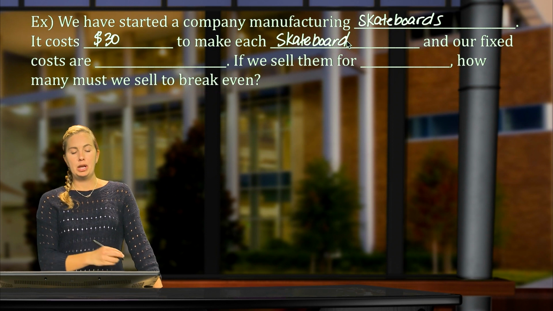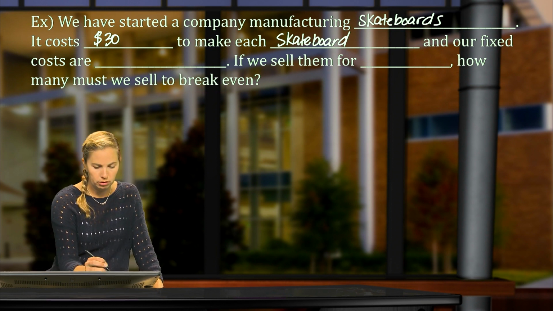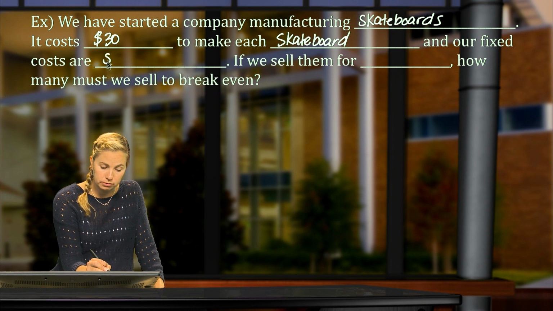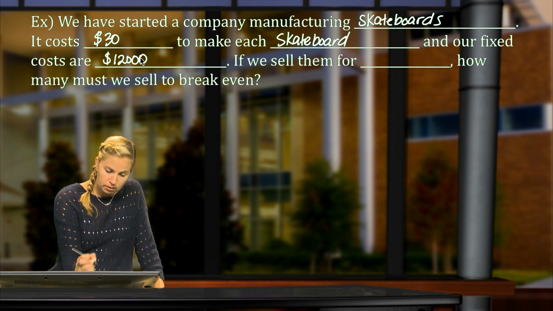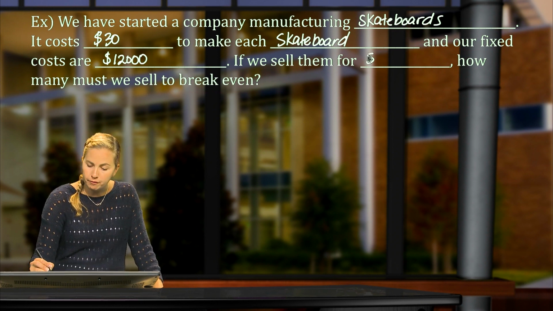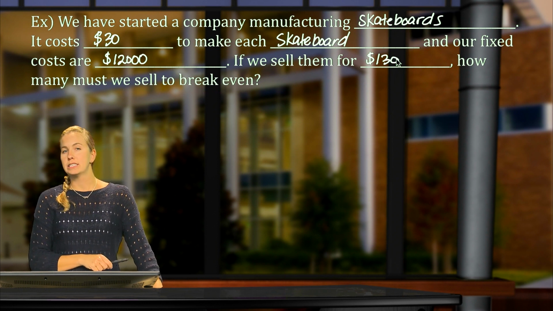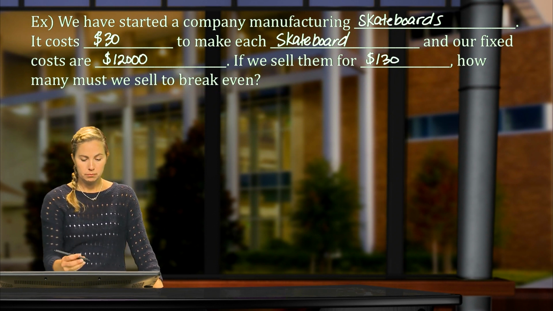And let's say we invest $12,000 into the machine to make these skateboards. So there are our fixed costs. If we sell them for $130 a piece, how many do we have to sell in order to break even?